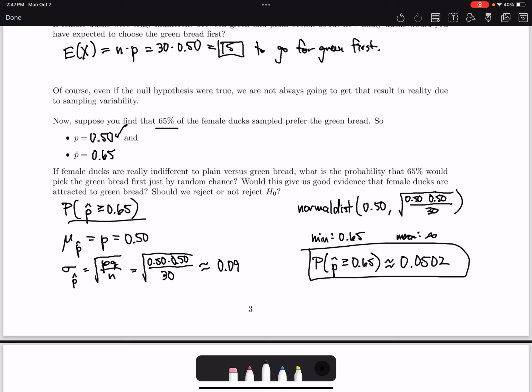In other words, we calculated this probability here by assuming that p was really 50%. And we didn't get a super small value, and therefore we can't assume that there's anything wrong with the null hypothesis. We shouldn't reject our assumption. So we could say since 0.0502 is greater than 0.05, we would not consider this result unusual.